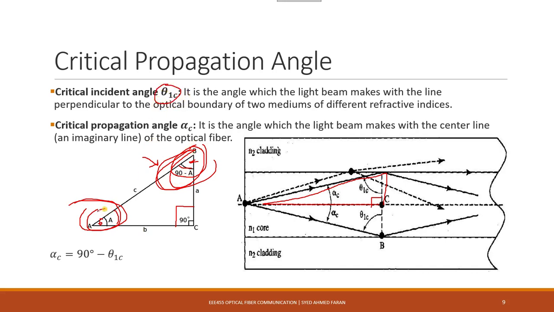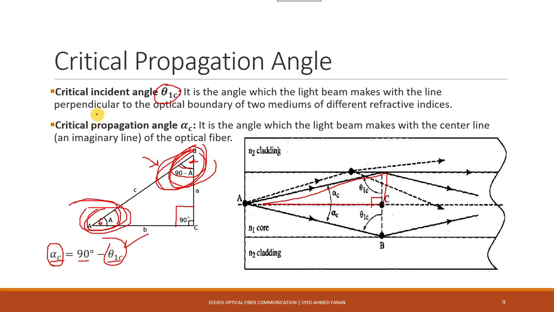So to find this angle, which is the critical propagation angle alpha c, we take 90 minus the critical incident angle. This is a very easy formula for finding the critical propagation angle. If we have already found the critical incident angle, the critical propagation angle is just 90 minus the critical incident angle.